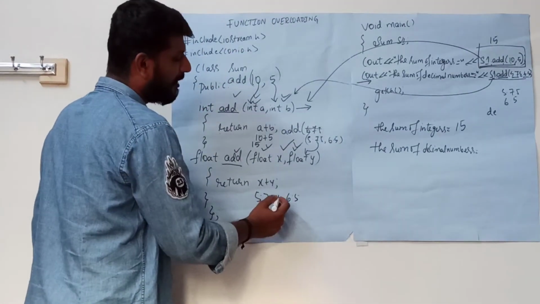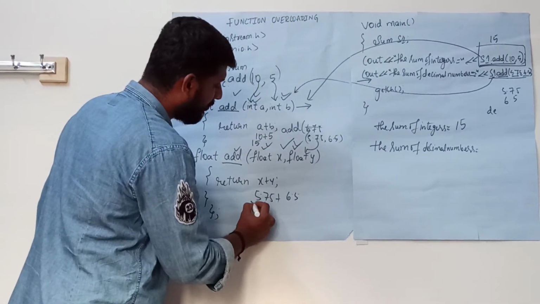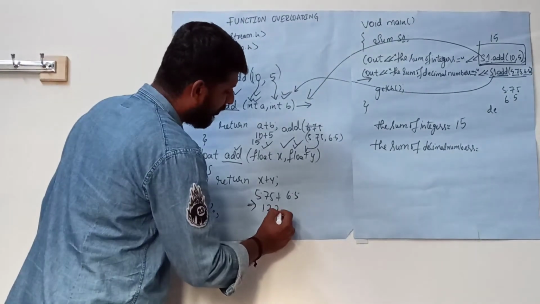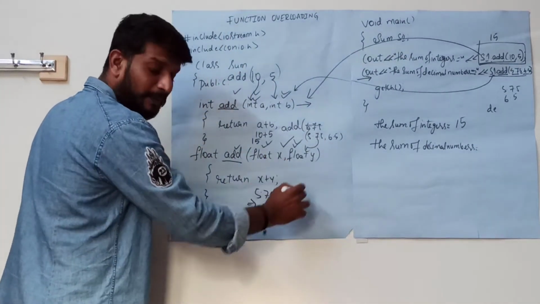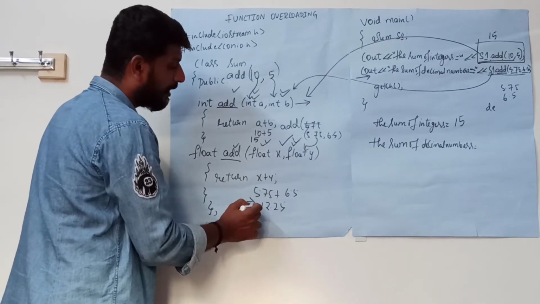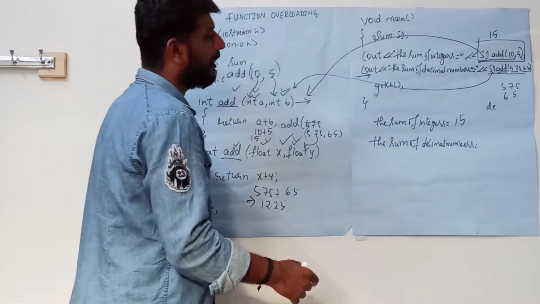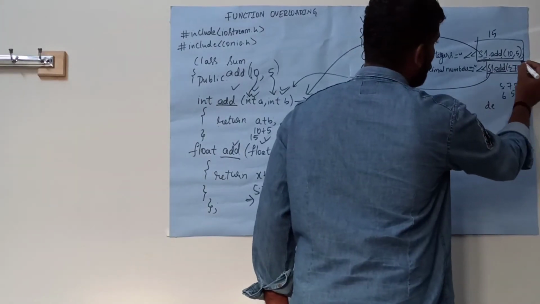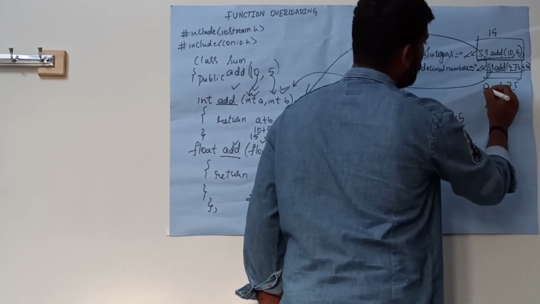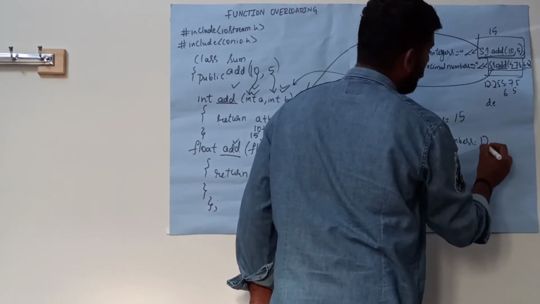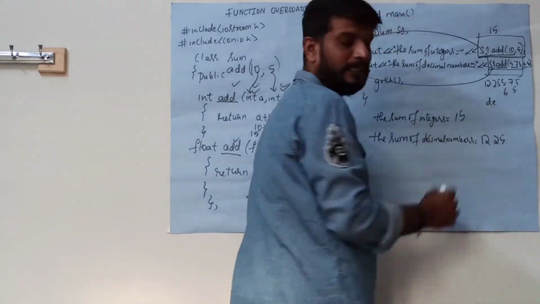So 5.75 plus 6.5 is nothing but 12.25. When this function executes, it will return the value 12.25. So this particular thing will be replaced with 12.25 and it will be printed as it is.